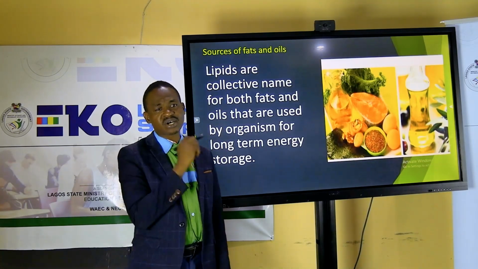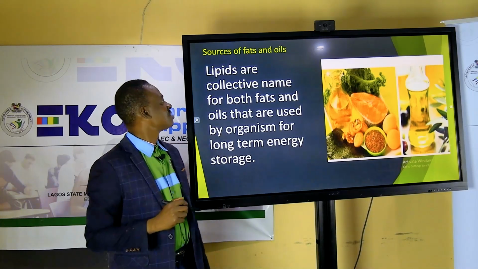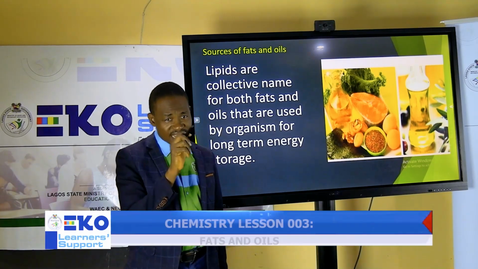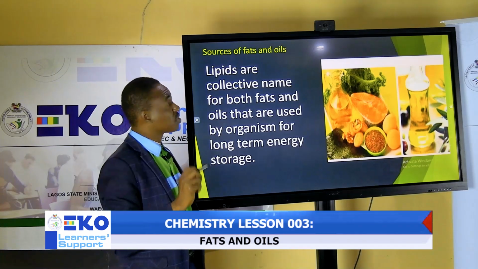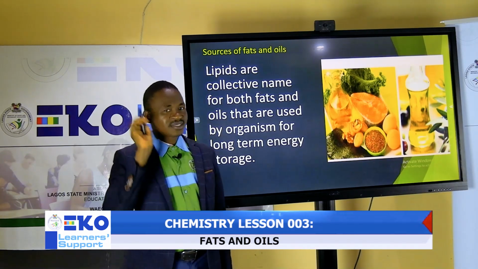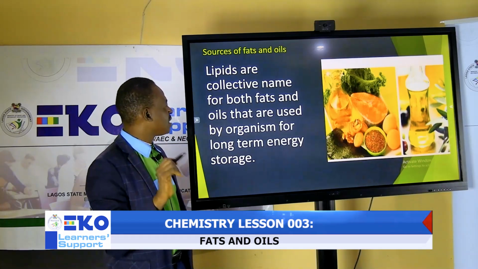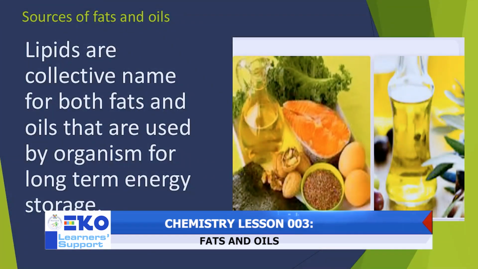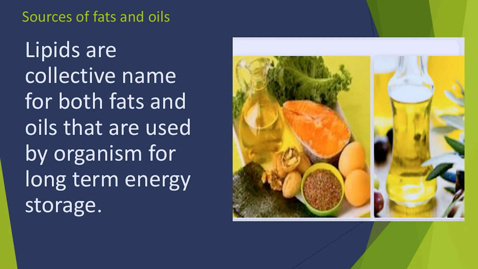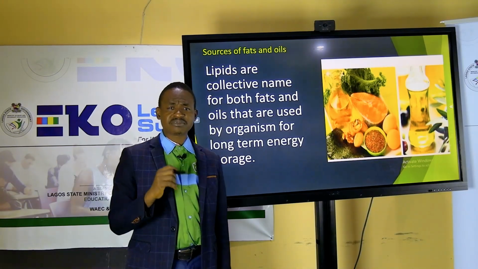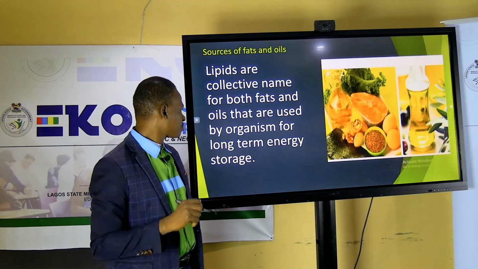Now, the source of fats and oils. So you ask me, or I ask you, what do you call lipids? Yes, lipids are the collective name for both fats and oils. So if you don't want to call them fat and oil, you can call them lipids.